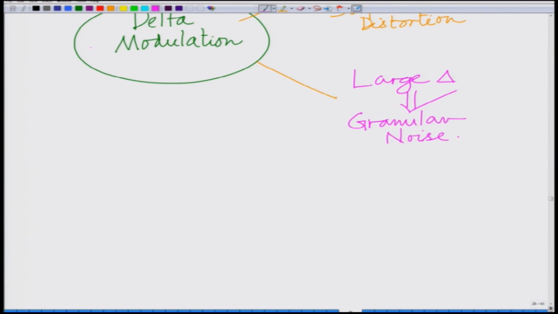So, one has to choose this step size delta intelligently. There is a trade off of small delta versus large.